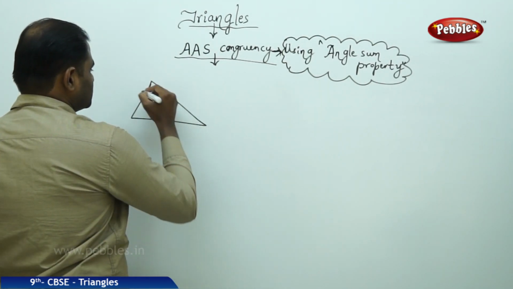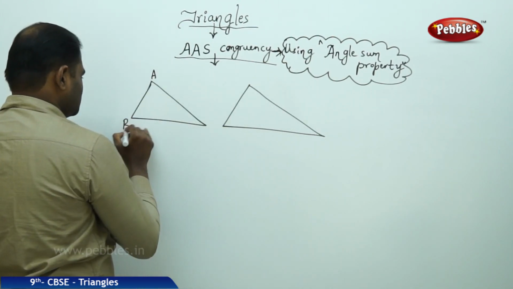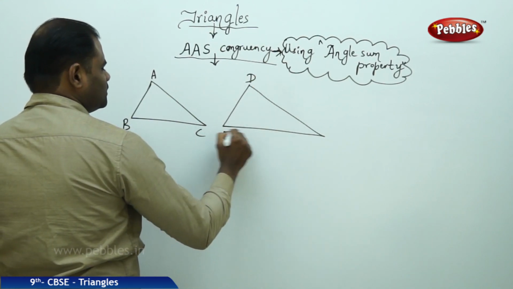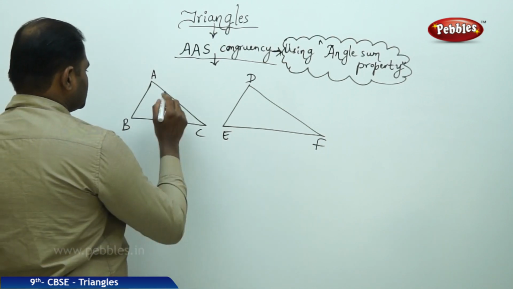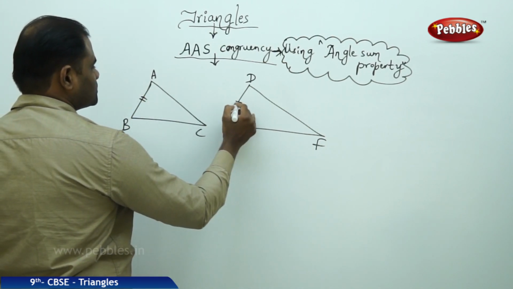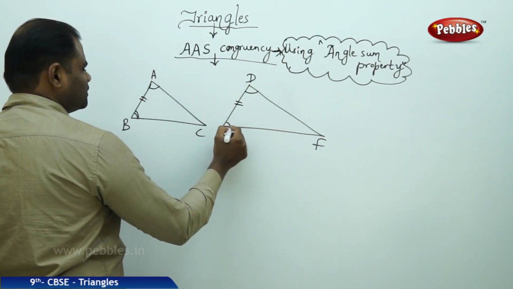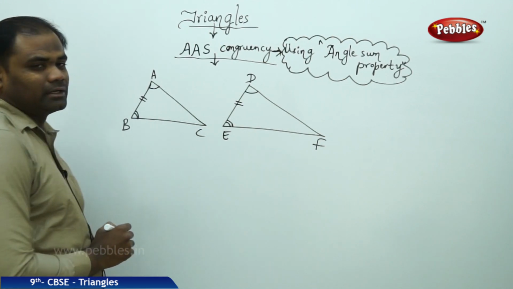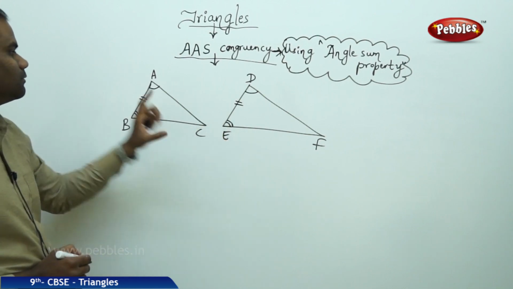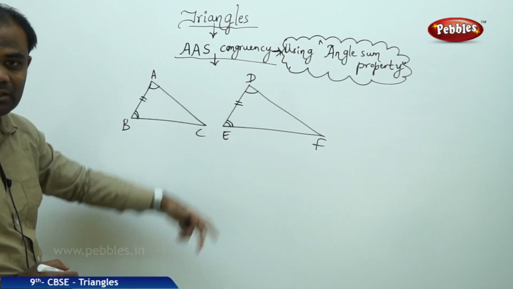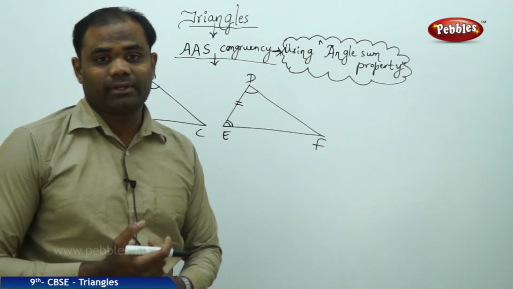Let me take two triangles ABC and DEF. Say my side AB equals side DE, angle A equals angle D, and angle B equals angle E. Then clearly, with this being the inclusive side of the two angles, by the ASA axiom the two triangles are congruent.